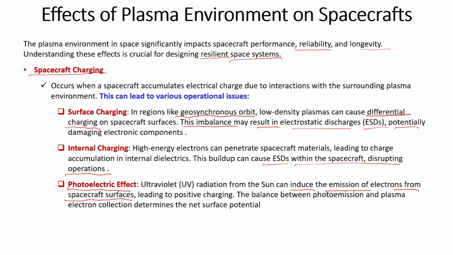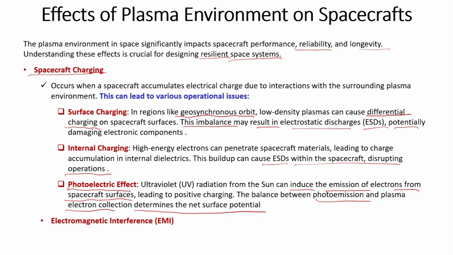Because of this, the spacecraft will become positively charged. This balance between photoemission and plasma electron collection determines the net surface potential. We will see subsequently how all of these are taken into account in our mathematical modeling.